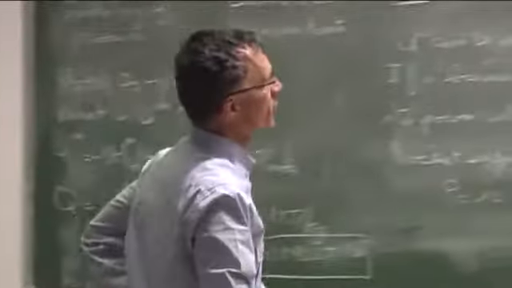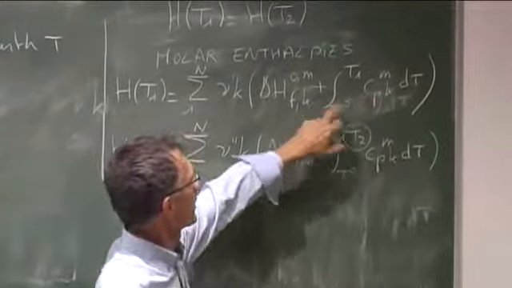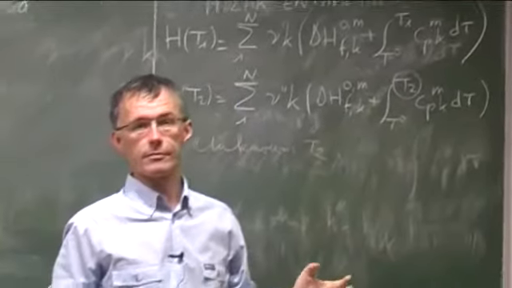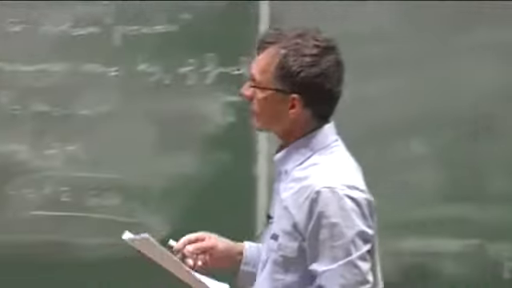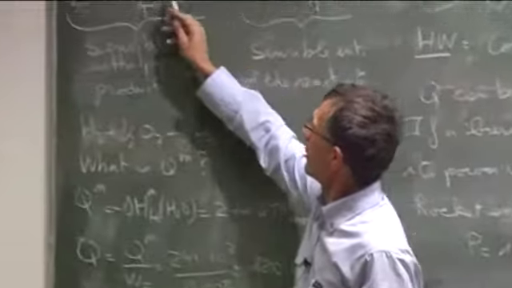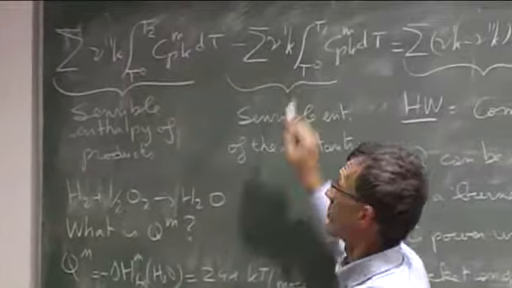Now, a nice thing about this integral equation is that if CPK is constant here, you can get it out of the integral. And so this system will become much simpler. So the CPK will come out here, and we'll just be left with the temperature difference on both sides.